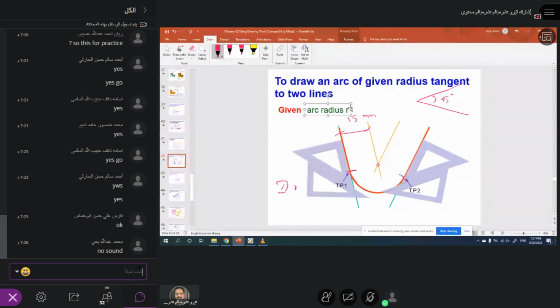So I write here radius is equal to 15 millimeters, not centimeters. This is the exercise that you have to do now, which has to be accompanied with your assignment 3 when you submit it.